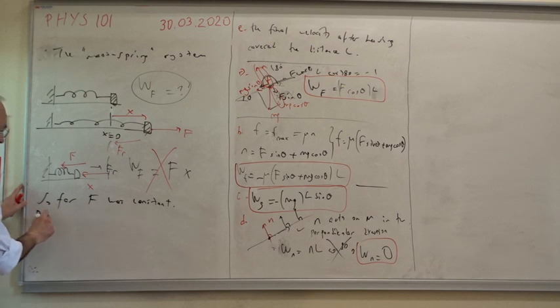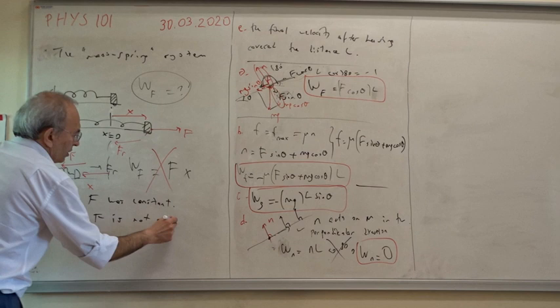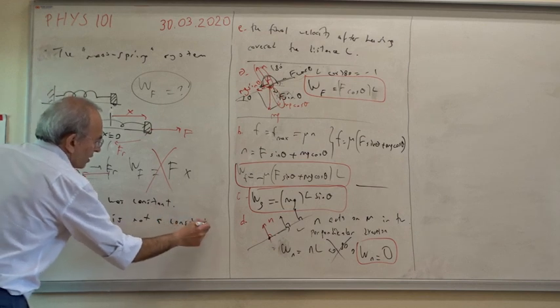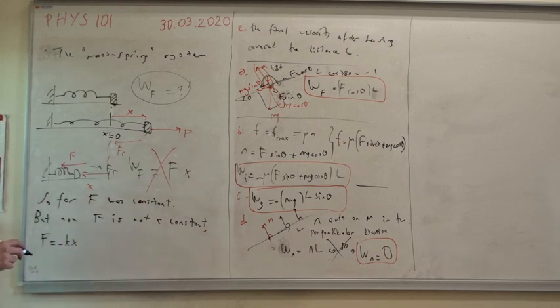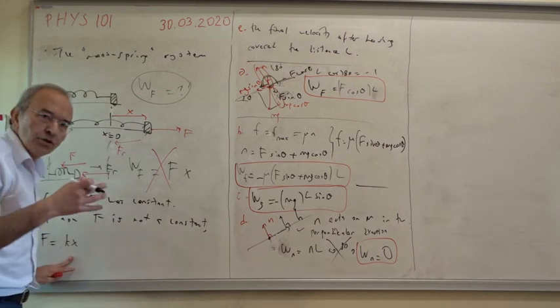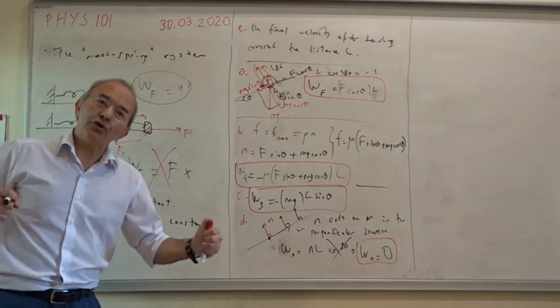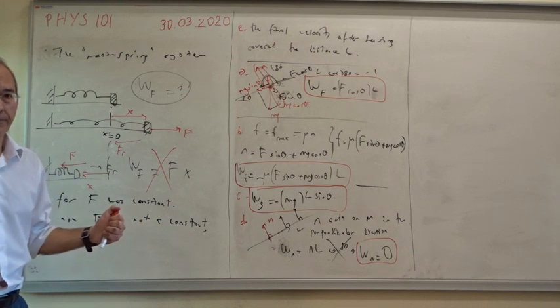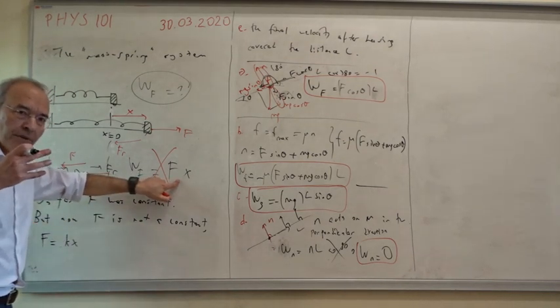But now F is not a constant, instead it is a variable. What is F? F is k times, of course there's also a minus sign, but forget about this direction. Let me consider just the magnitude. F is just k times x. So it means the greater the value of x, the greater will be your force, or should be your force. Therefore, it is not just a simple multiplication. Instead, we should use an integration.